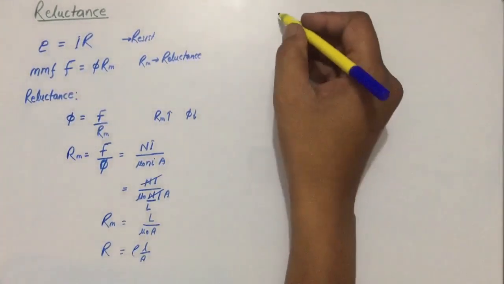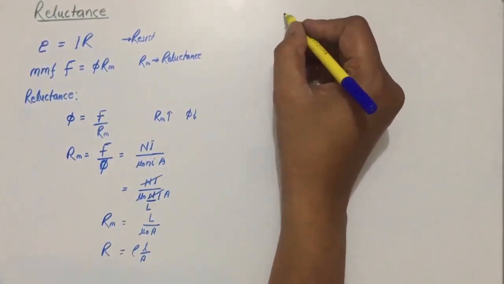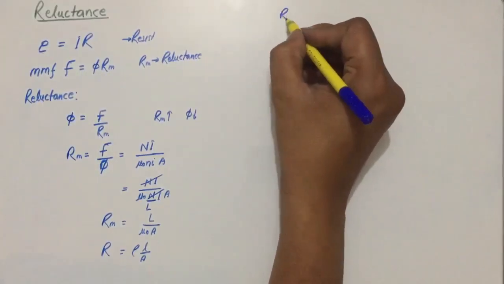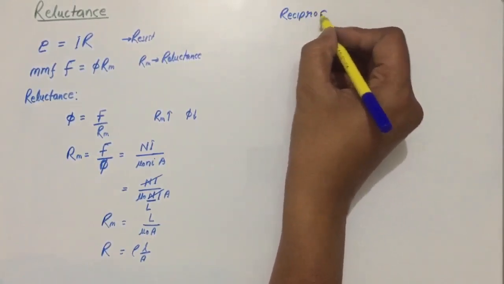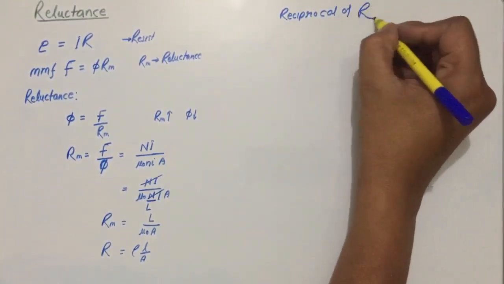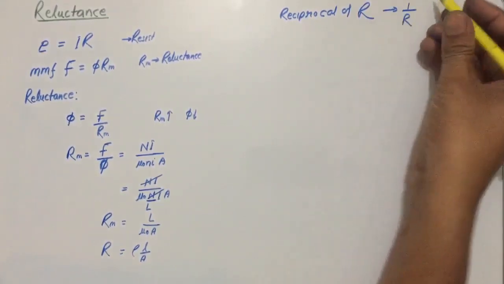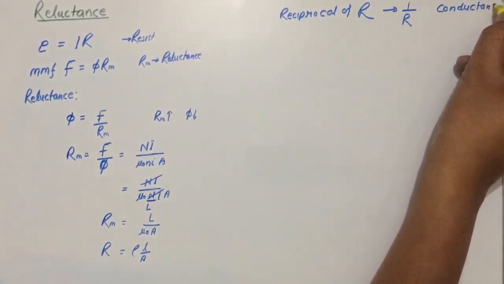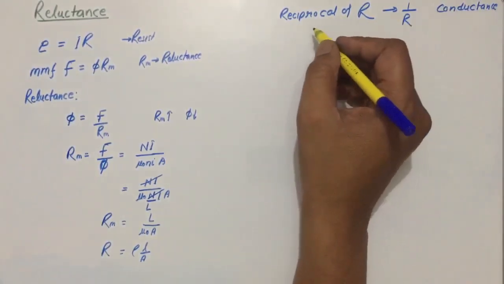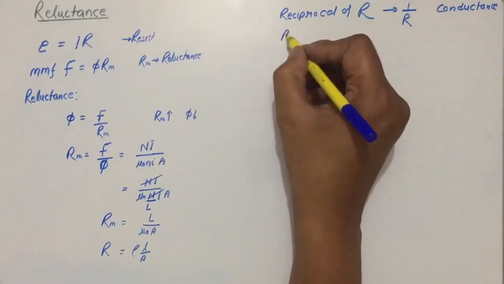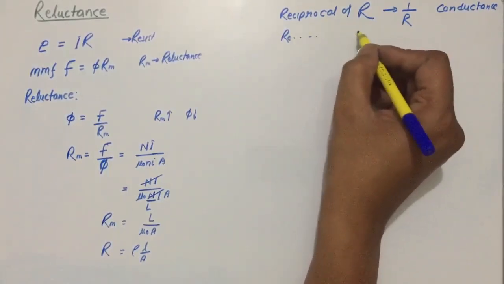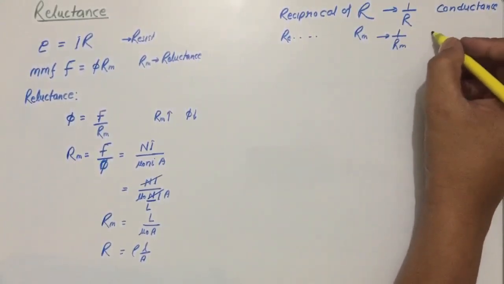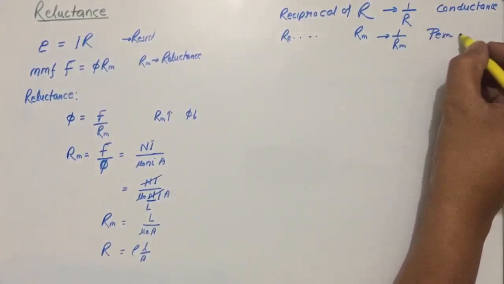We know that the reciprocal of R is known as conductance. Similarly, in a magnetic field, the reciprocal of Rm, that is 1 by Rm, is permeance.